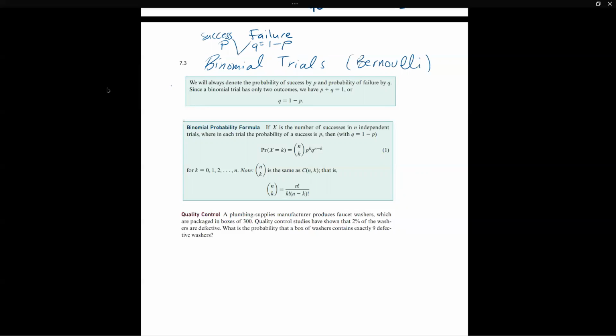The binomial probability formula is given this way, and I'll explain it with this. So we write this here with X equals k, to denote the probability of X equals k, namely the probability that k of n trials result in success.